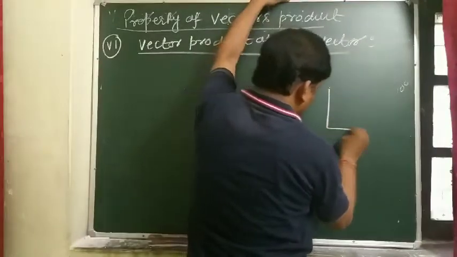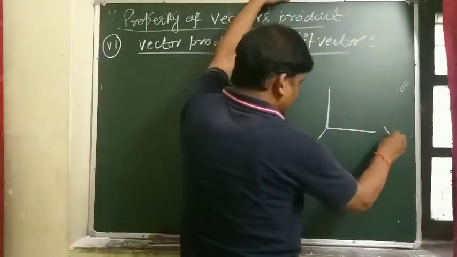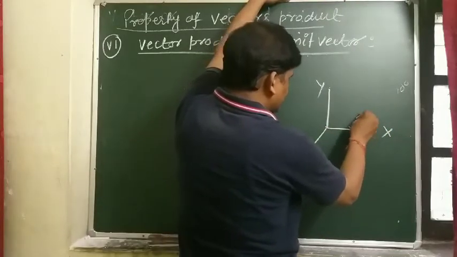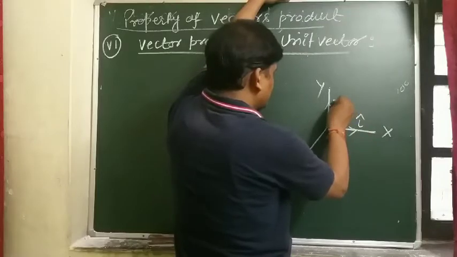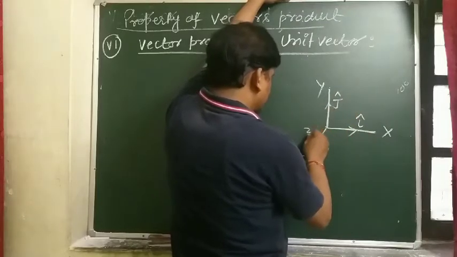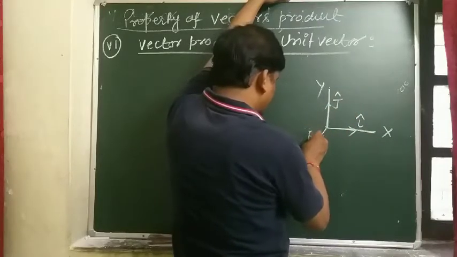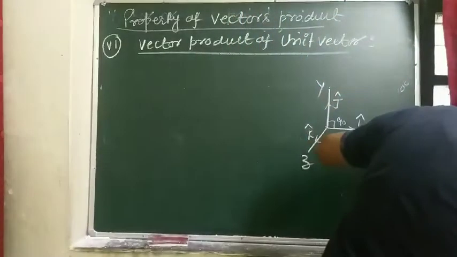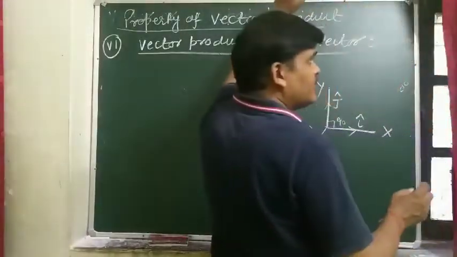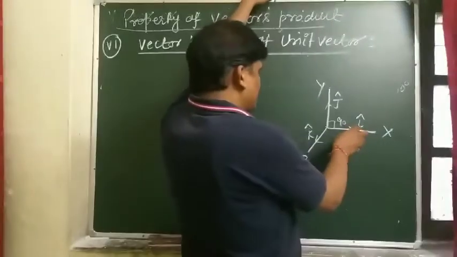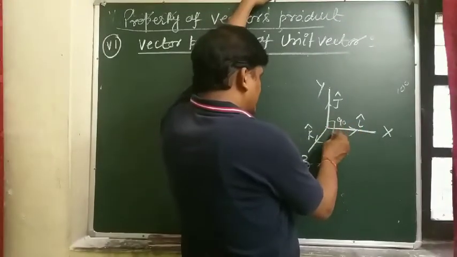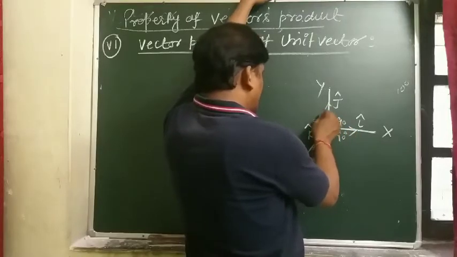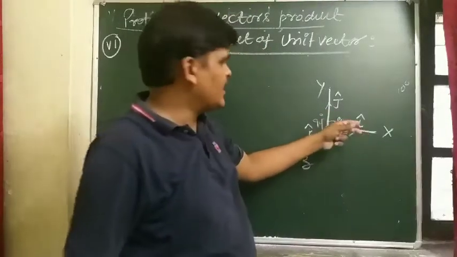You know that along the x axis the unit vector is i, along the y axis the unit vector is j, and along the z axis the unit vector is k. The angle between them is 90 degrees. So for any two axes, the angle between them is 90 degrees.